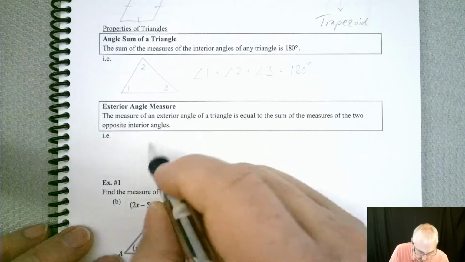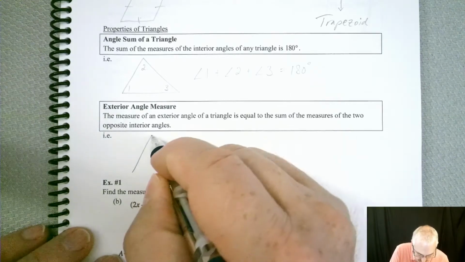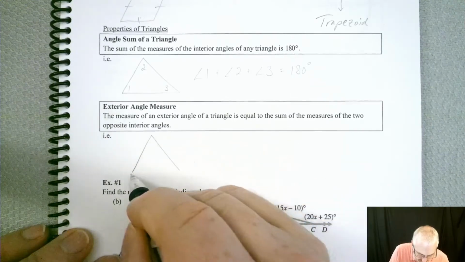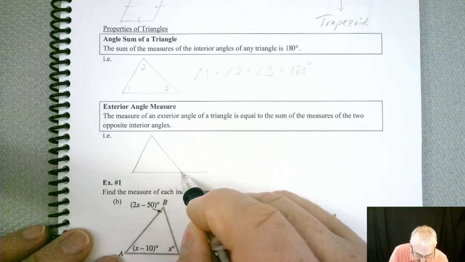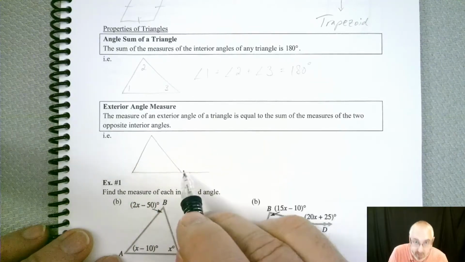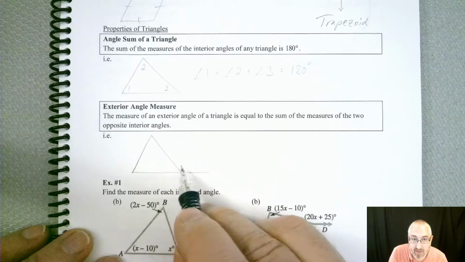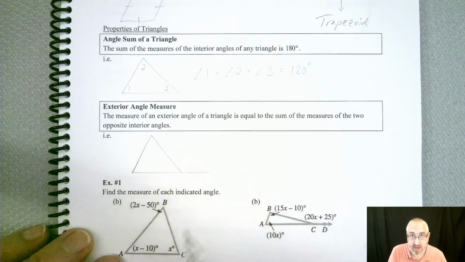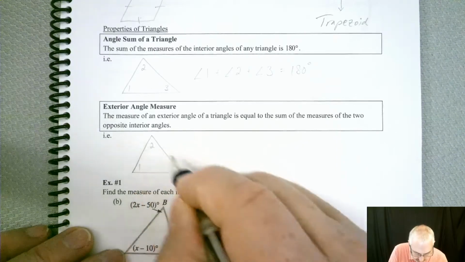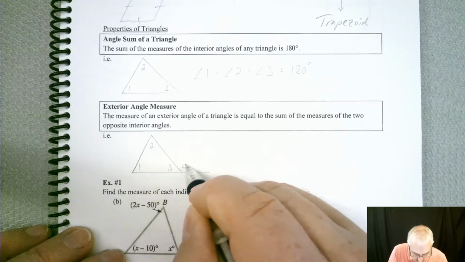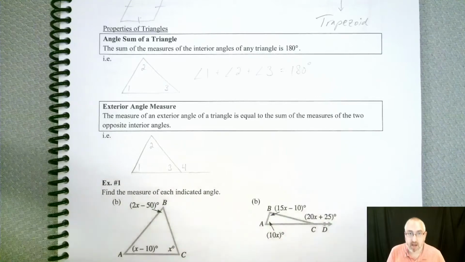Well, all we have to do is draw a triangle, but then we extend one of the sides beyond, so that we get this angle that's outside of the triangle. That's an exterior angle. So let me number 1, 2, and 3 again, and I'll put a 4 for this angle on the outside.